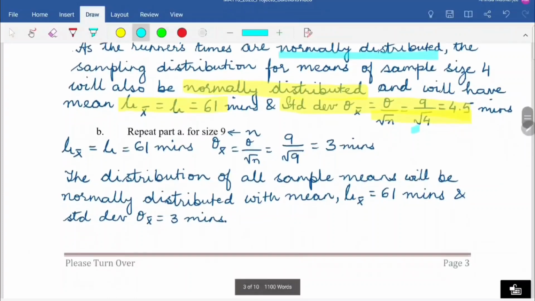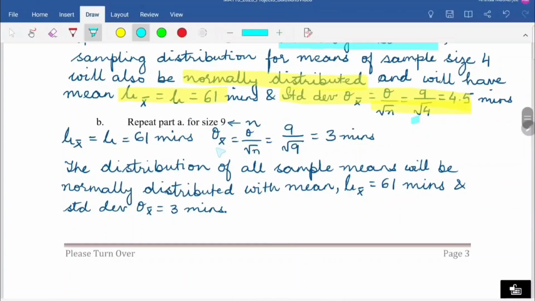Repeat the same thing for size 9. Again, the mean of all the sample means doesn't change with sample size. Regardless of the sample size, the mean always stays the same, so it's going to be 61 minutes. However, the standard deviation is affected by the size.